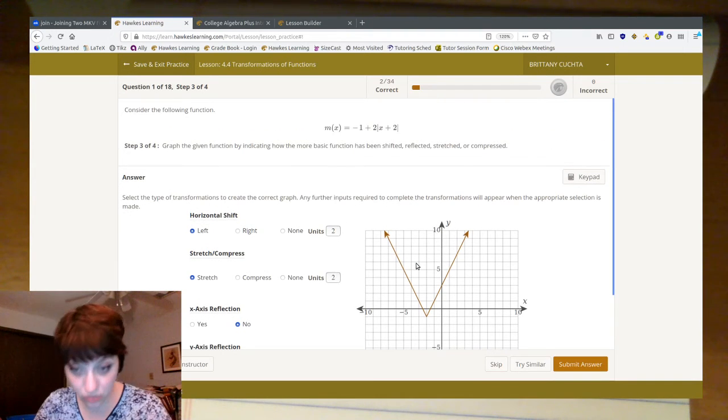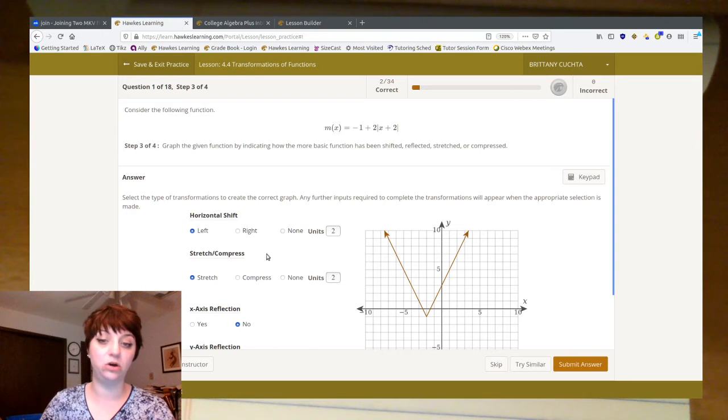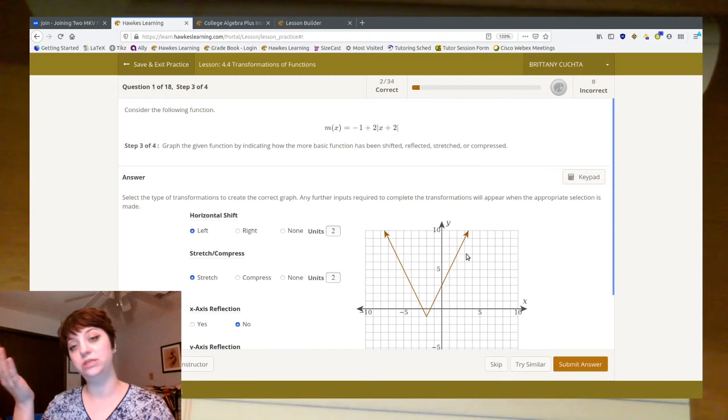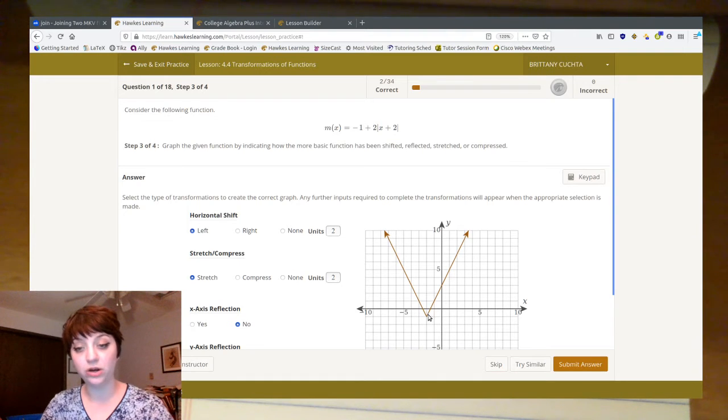Now, if you do a table, this does all the transformations for you as you fill them out. It just makes the picture. If you do the table method, which I think is, at least for checking your HAWX work, the easiest, you can make sure that the points that you get on the table match the points that are on your HAWX graph.